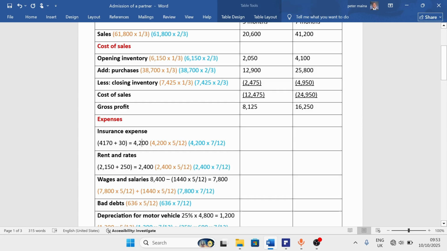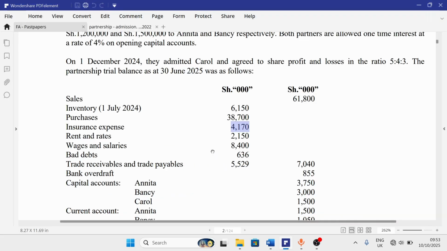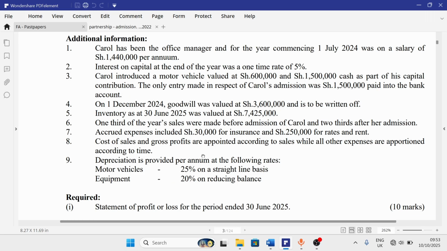So let us go back to the question and find the rate we are supposed to use. So in the additional information, number 8, it says cost of sales and gross profits are apportioned according to sales, while all other expenses are apportioned according to time.